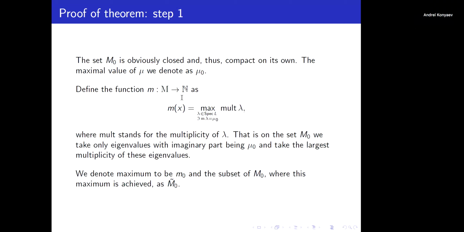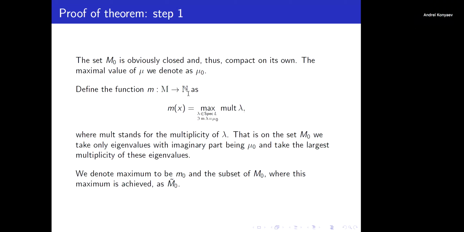You can have several eigenvalues with the same imaginary part, and those eigenvalues have different multiplicities. We pick the largest one, and if there are no such eigenvalues, then you get 0, because there is no such lambda, which implies that the multiplicity is 0.